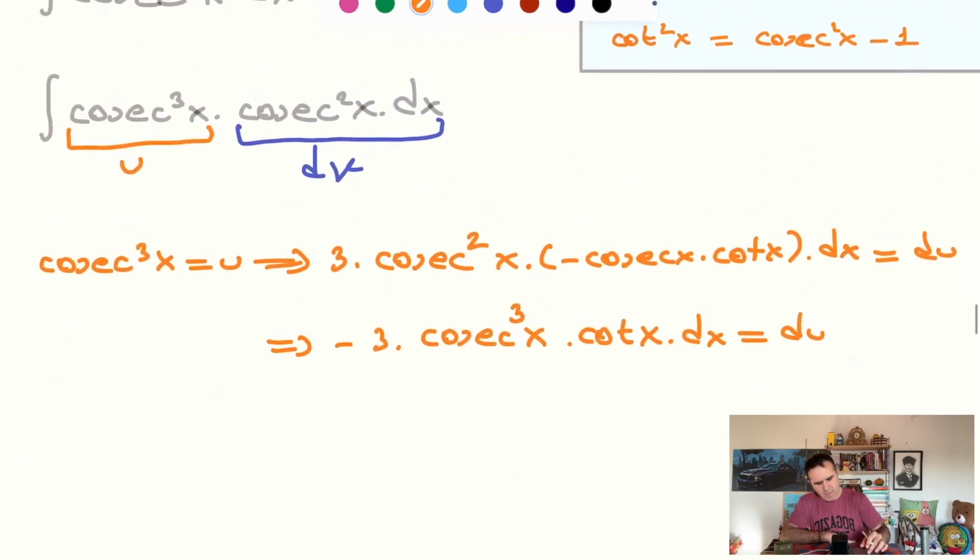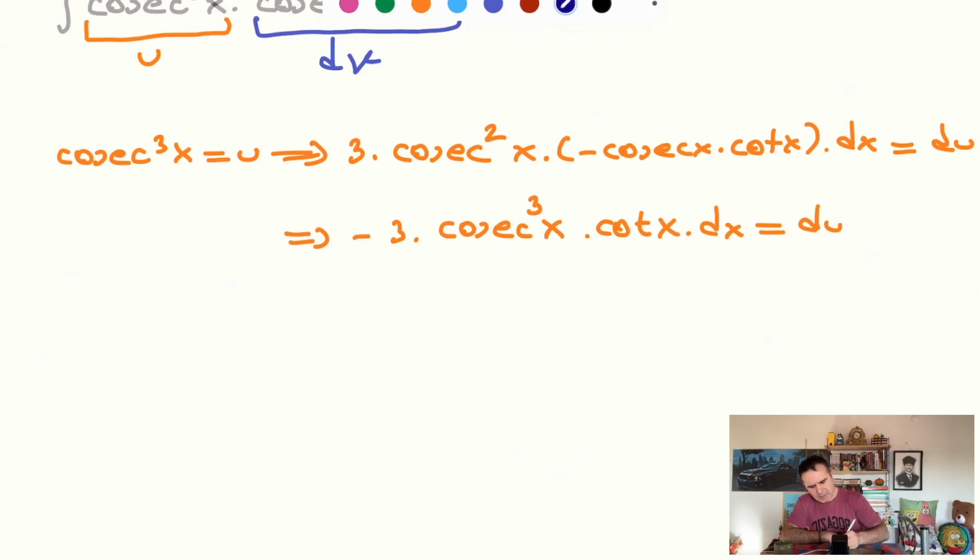And again, okay, we said cosecant square of x dx equals dv.